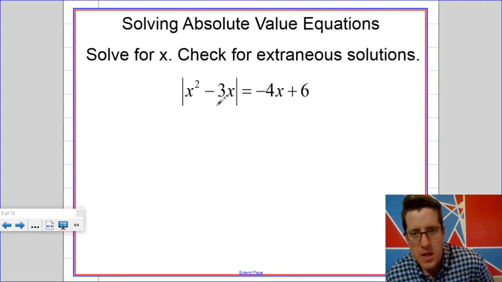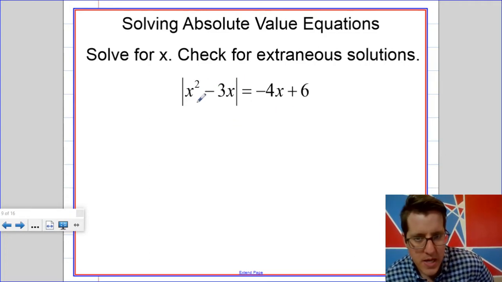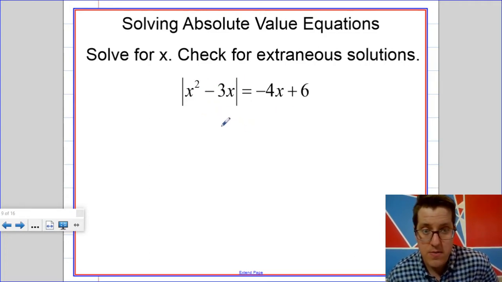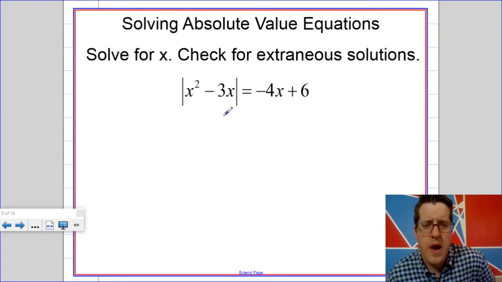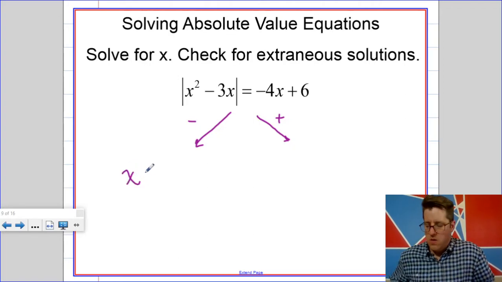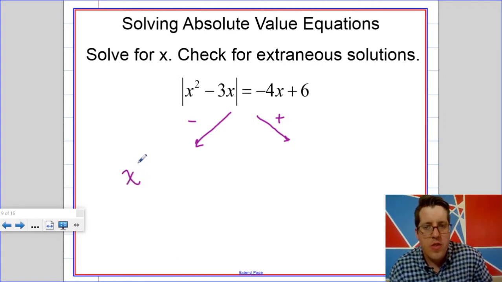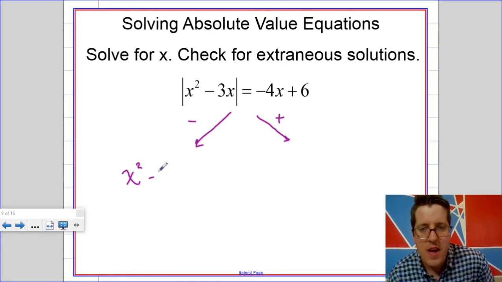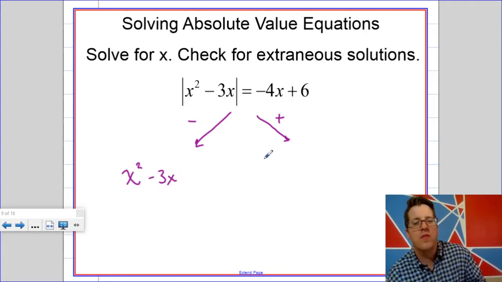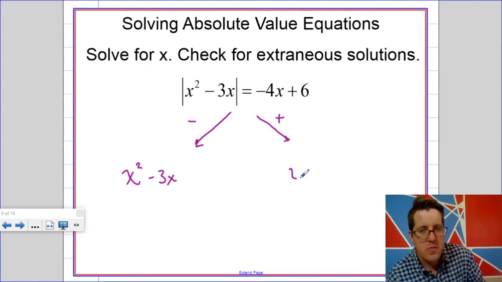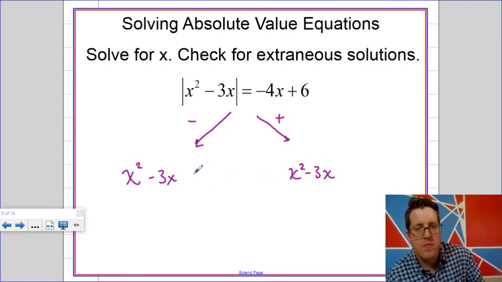When we've got something a little bit more complicated, we just have to be careful in one aspect, okay? So that one aspect is when we split and we take our plus or minus, the stuff inside the absolute value, the argument of the absolute value function, is going to be the same on both sides.